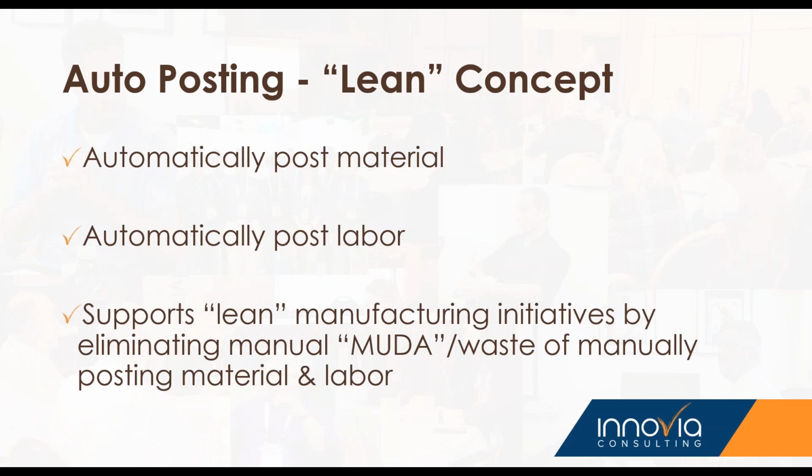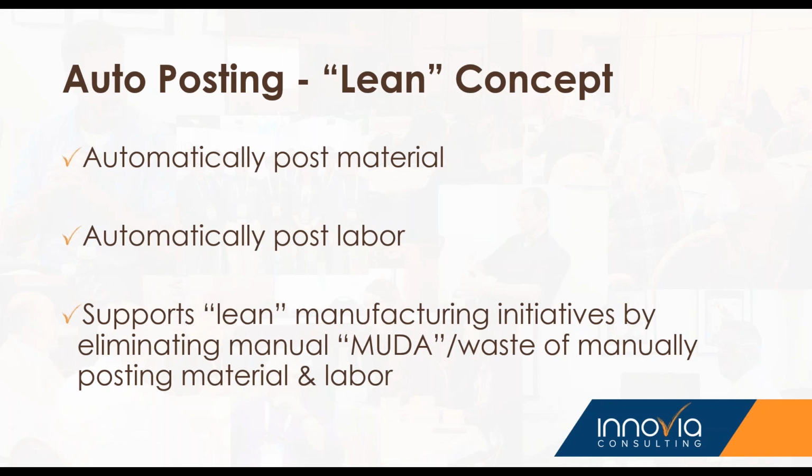Even if you have lot tracking or serial tracking, there are ways in the process to do that to help the users when they post output. One advantage there is that when you post in production, for those of you running NAV's production, you do start building WIP inventory on your financial side, so you have WIP, and that eventually becomes cost of goods sold, but able to post material. Part two of that is labor.